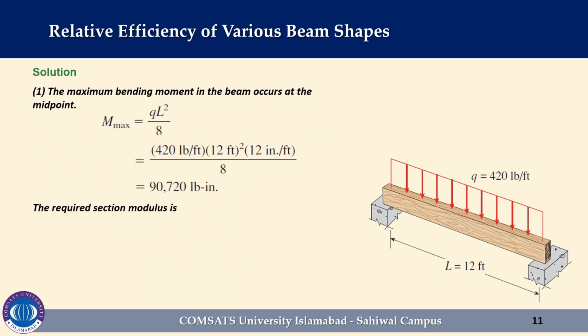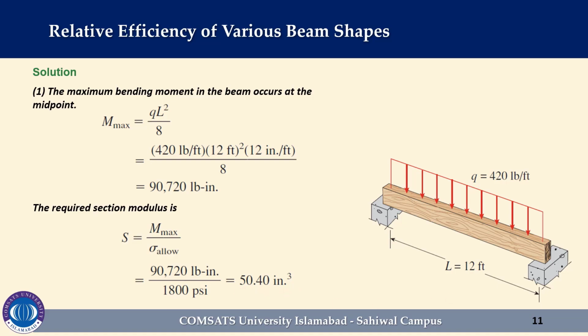The required section modulus can be calculated by using the expression S is equal to maximum bending moment divided by allowable bending stress. We have just calculated the maximum bending moment while the value of allowable bending stress is already given in the problem statement. So after putting these values, the required section modulus will be 50.40 inch cube.